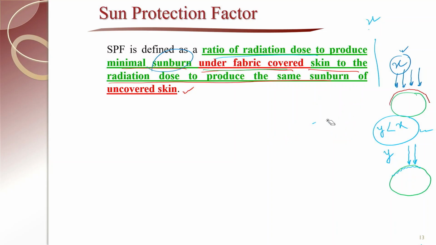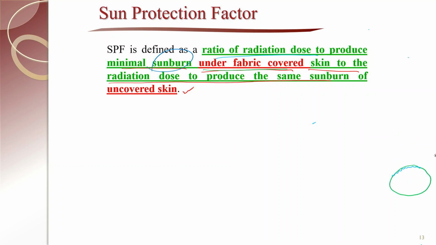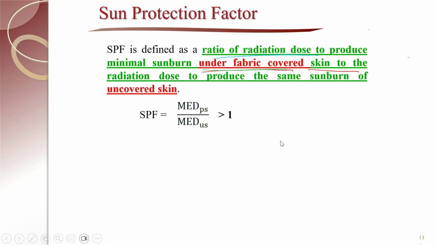This is very commonly used for sunscreen lotion. The main disadvantage of getting the SPF value is that ethical clearance is required, because we are using the human body. So, SPF is with the fabric and without fabric.